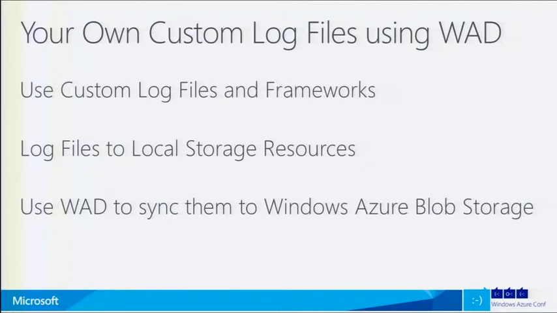That's what a local storage resource is. I heard Corey Fowler today say it's a scratch disk, because it is. Again, these instances are not durable, so if an instance dies, that local storage will die as well, and those log files will be lost. So it is a scratch disk, but it's a temporary space that you can write files to that will ultimately get copied to persistent storage in Windows Azure Storage.